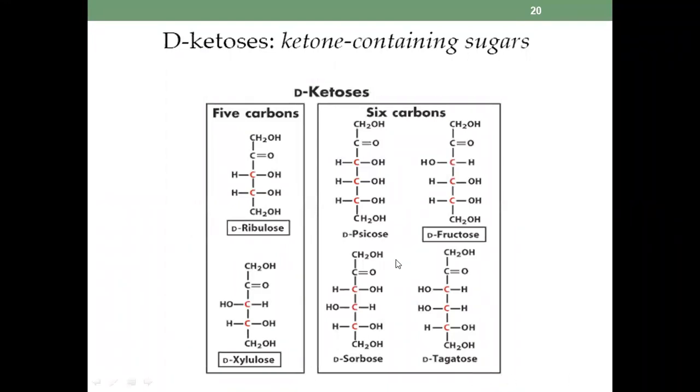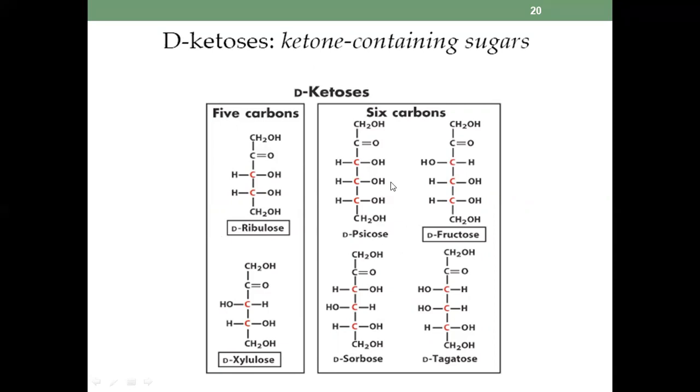The common one, I think, that you know is fructose, which you can find in fruits. It is a value added to some of the foods that we take. Okay, so again, these are examples of the ketone-containing sugars.